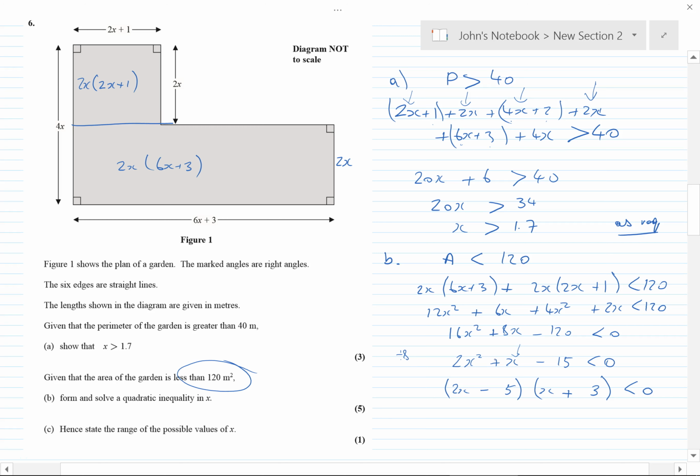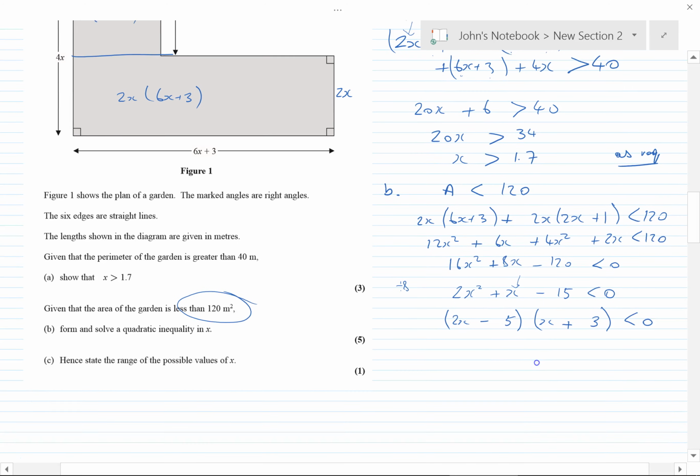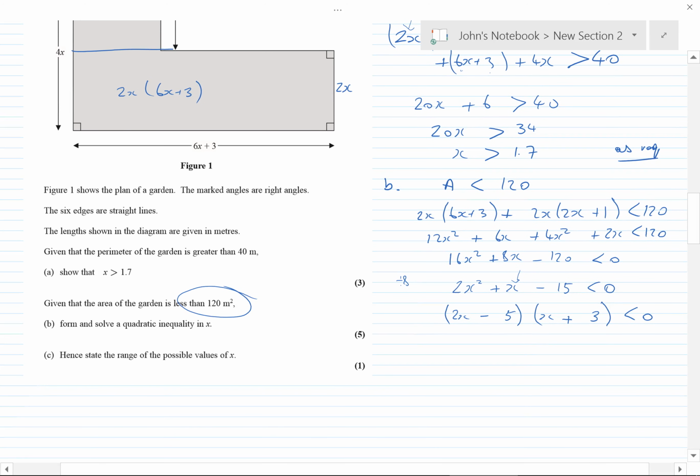Okay, so right, there's various ways of doing the next part. The next part, first of all, I'd work out the critical values. We've got 2x minus 5 equals 0, so x is equal to 5 over 2. These are critical values. I'm not dealing with the inequality yet, and x is equal to minus 3.